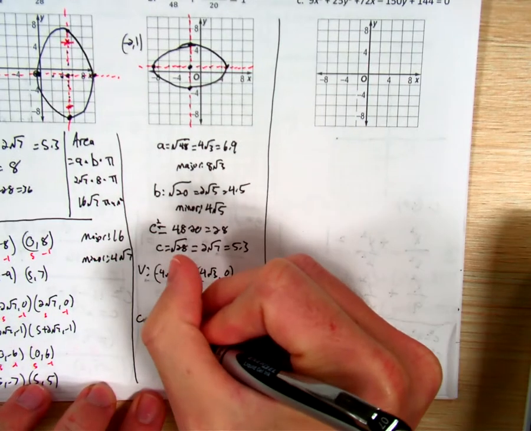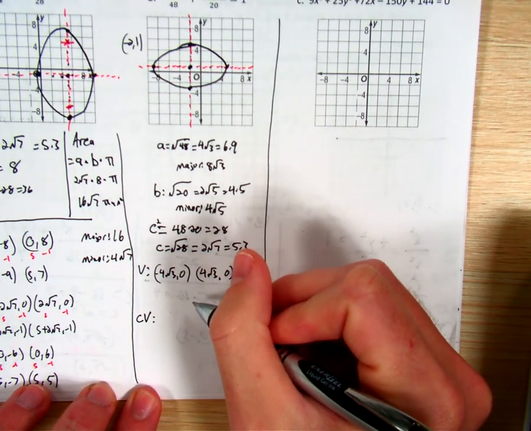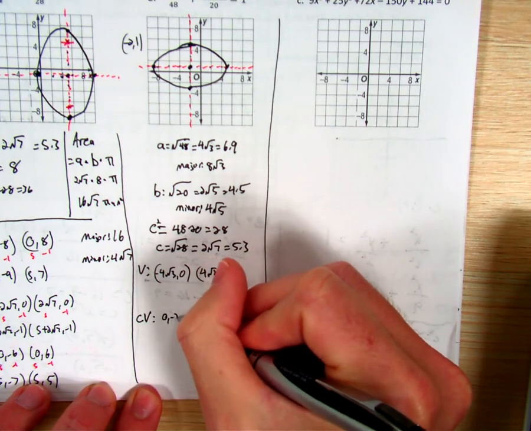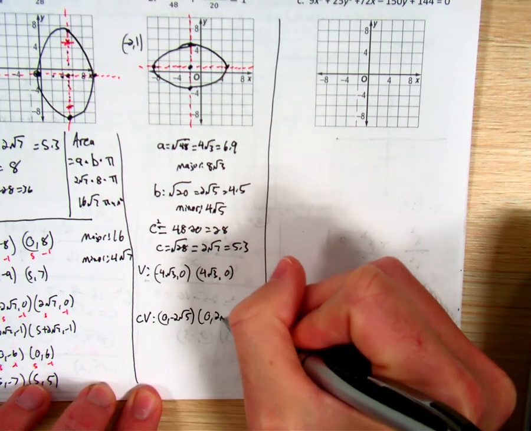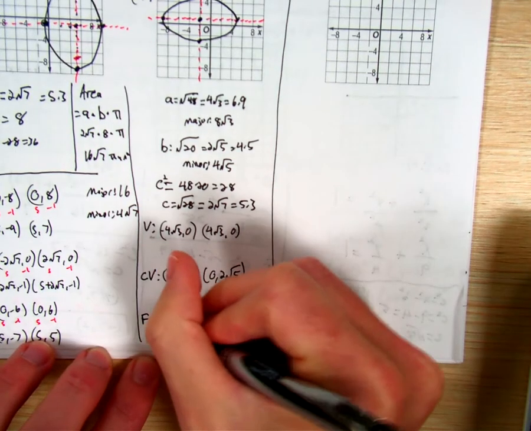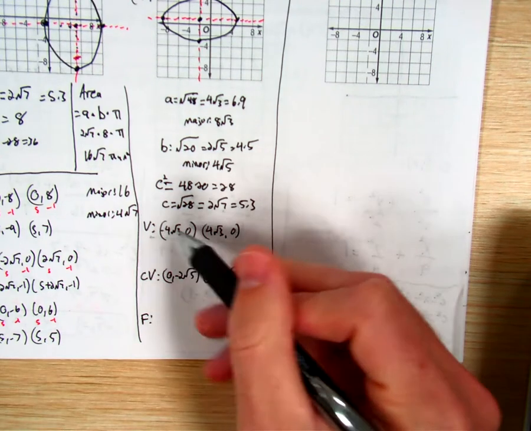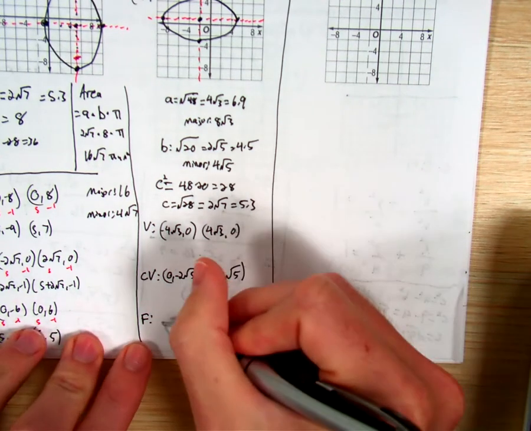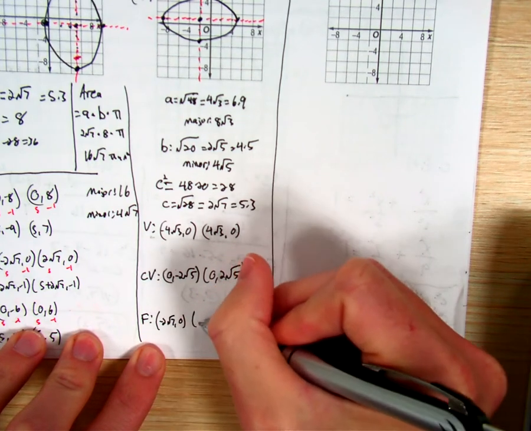My co-vertices, okay, they'd be at 0, comma, negative 2 radical 5, and 0, comma, positive 2 radical 5. And my focus points, my foci, remember they follow your vertices, so that's going to be in the x-coordinate. It's going to be negative 2 radical 7, comma, 0, positive 2 radical 7, comma, 0.